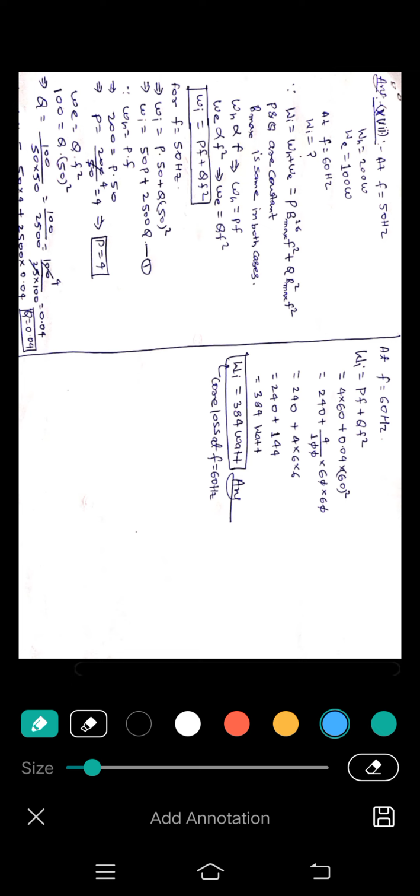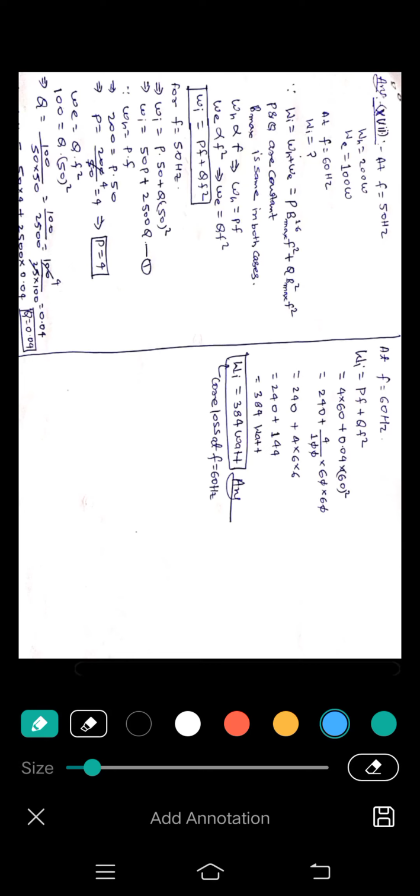We have to find out the iron loss at 60 Hz, Wi. Here Wi is the sum of WH and WE, that means WH hysteresis loss and WE eddy current loss, and Wi total core loss or iron loss.